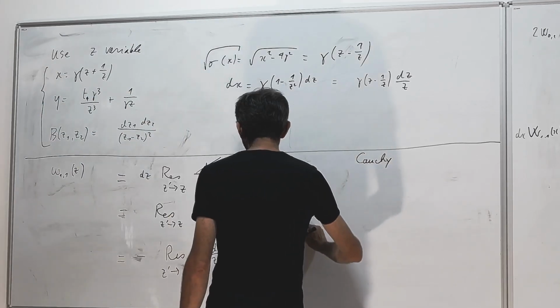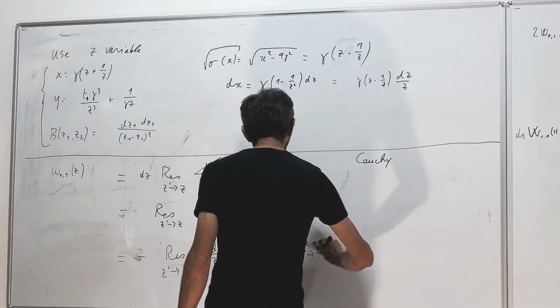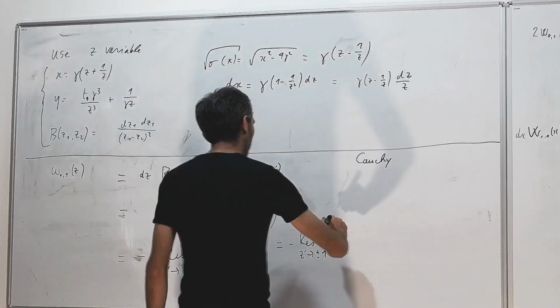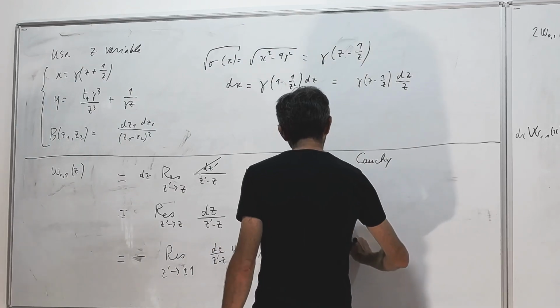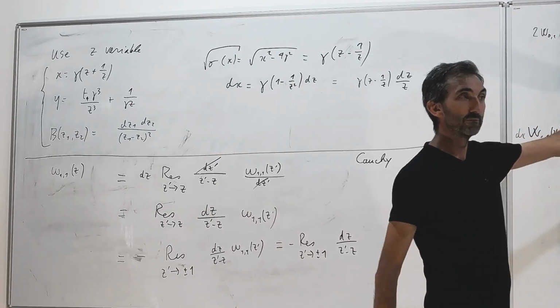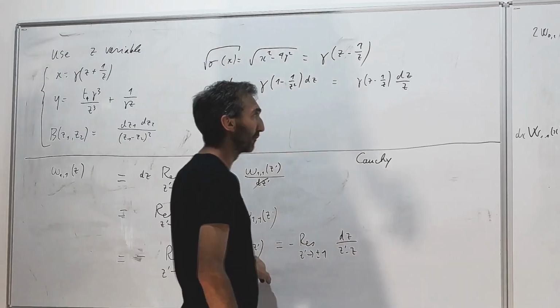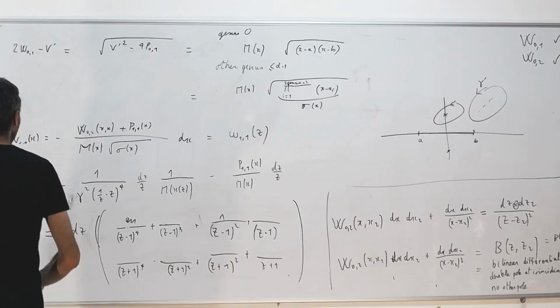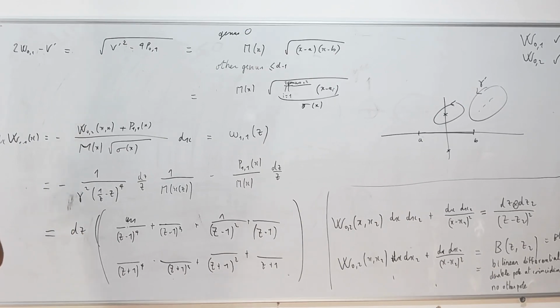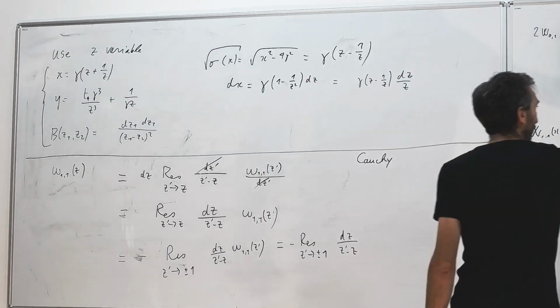Let me replace that z prime goes to plus or minus 1, dz over z prime minus z. And now, let's use this expression. So I will replace W11 of z prime by this expression. And let me remind you, we have this dx here as well.